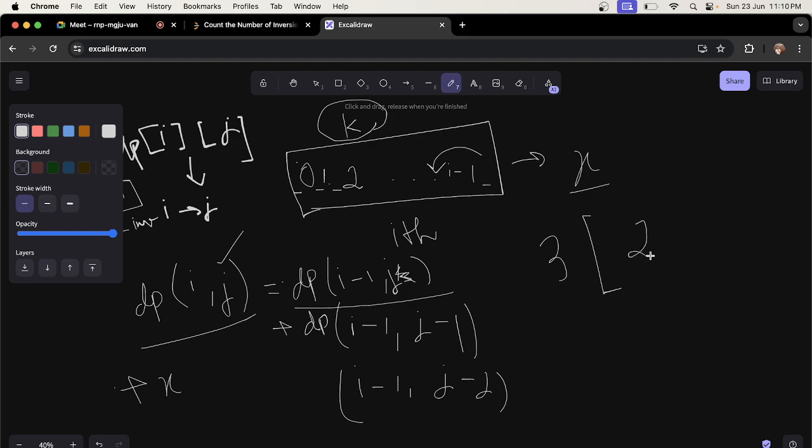I now need to count the number of permutations using the first three elements that have that many inversions. If I take these three permutations and add the third element at the end, those permutations become three element permutations with the same inversion count.